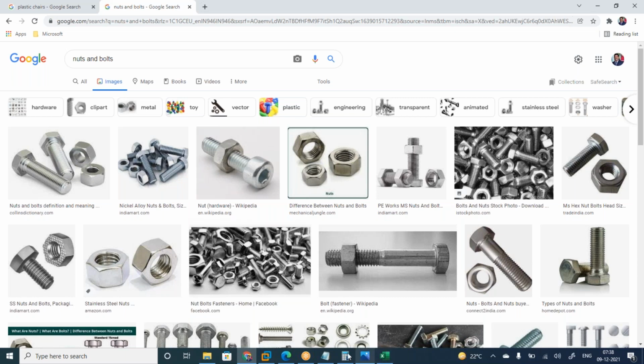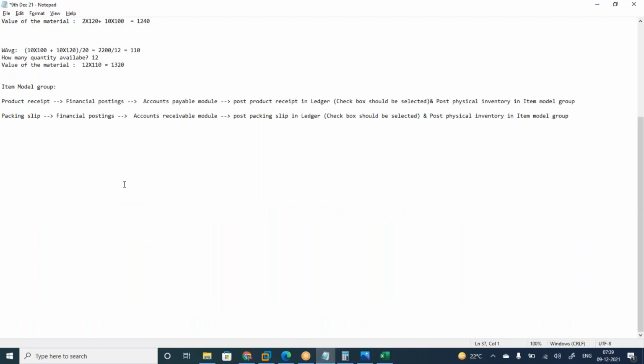Now, I have purchased 1,000 items, each one is 2 paisa, so it will be 20 rupees. This is my purchase price.